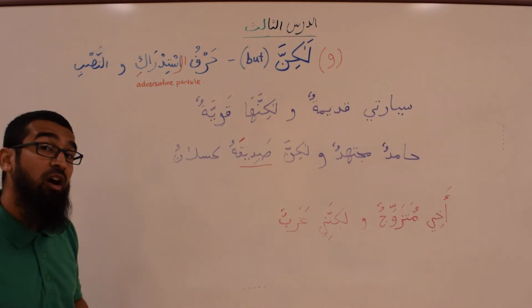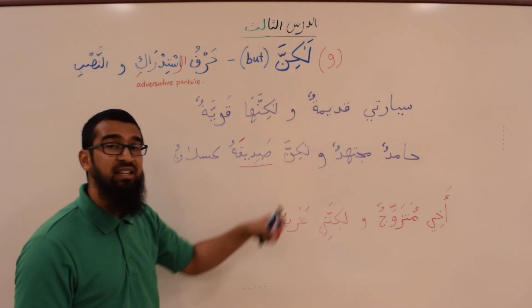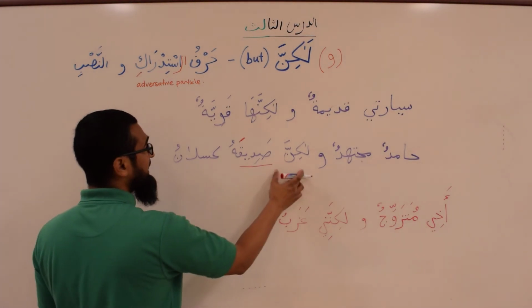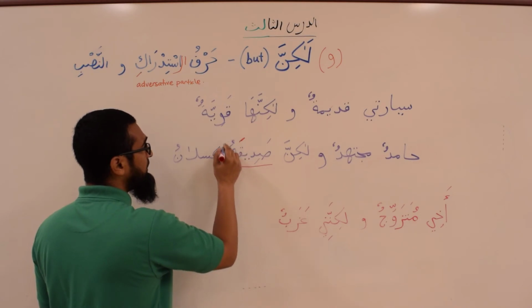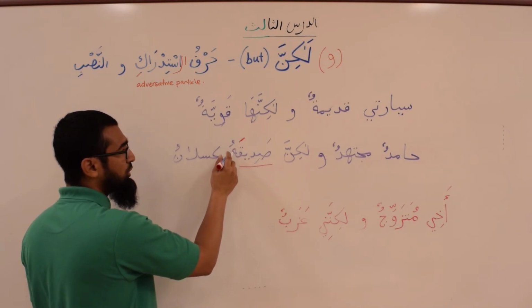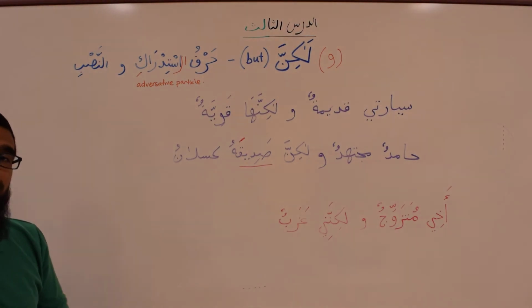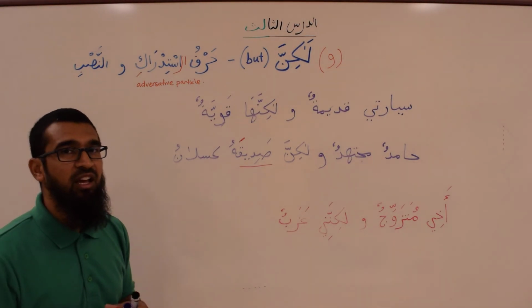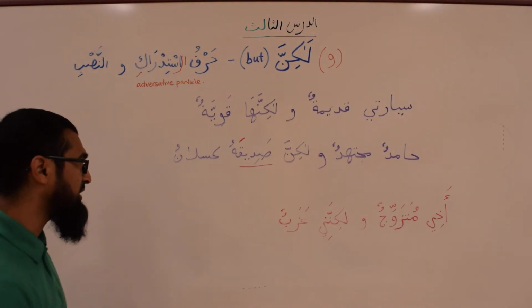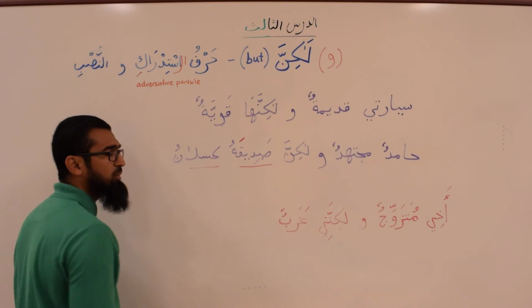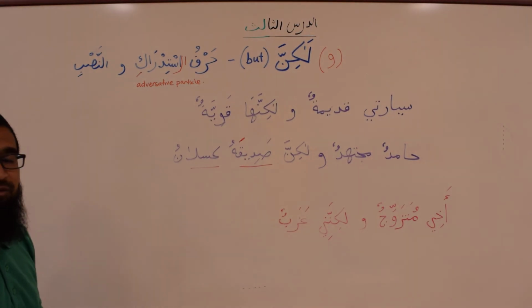Why? Because of lakinna. It makes the mubtada mansub, and it's called ism lakinna. This ha is just a damir, and it's the mudaf ilayhi. So we have a mudaf and a mudaf ilayhi. Remember, we said that the mudaf ilayhi doesn't really carry a lot of weight in terms of i'rab. Kaslan is now khabaru lakinna, and it's marfu'.